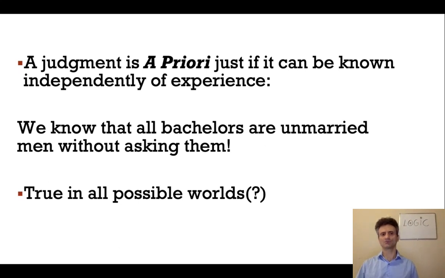How do I know that it is true? Well, I know that it is true because I understand the meaning of the words, the meaning of the terms, subject and predicate. And I know that one term means the other.